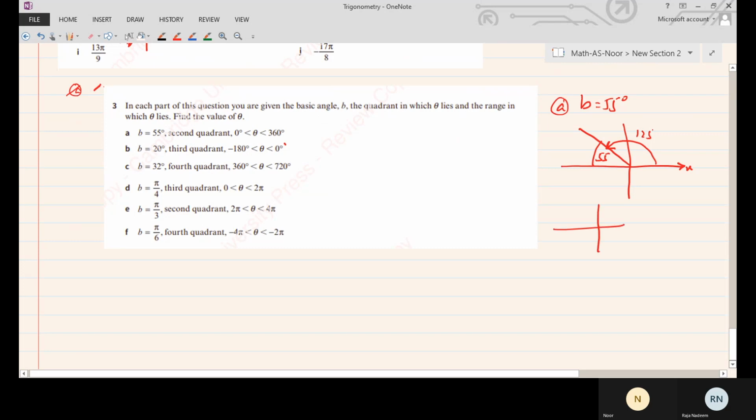So if it's 20 degrees inside the third quadrant, that would make it 200. But this shows that theta is from minus 180 to 0. Minus 180 to 0 means clockwise because the angle is mentioned with a negative sign. So when you move clockwise, negative from the x-axis, the general angle would be minus 160. Yes, it is.